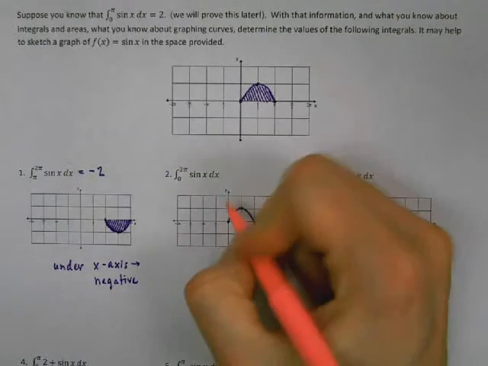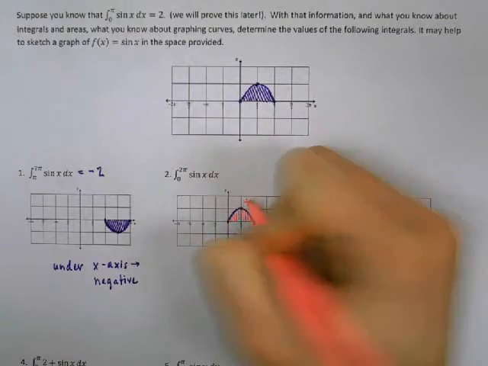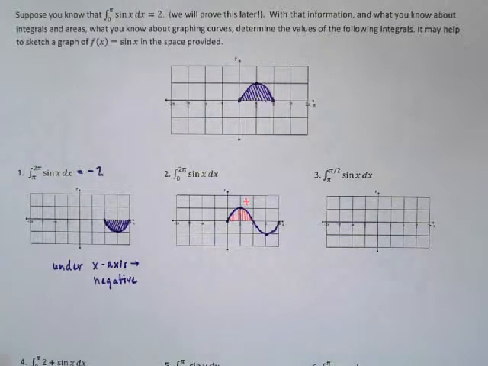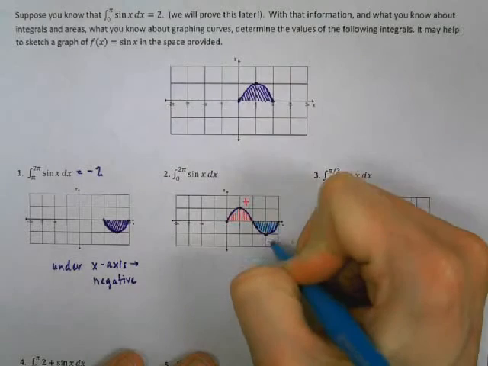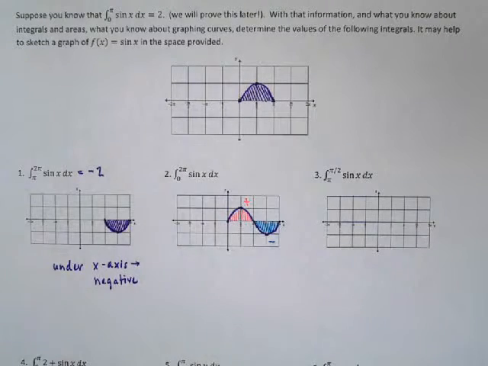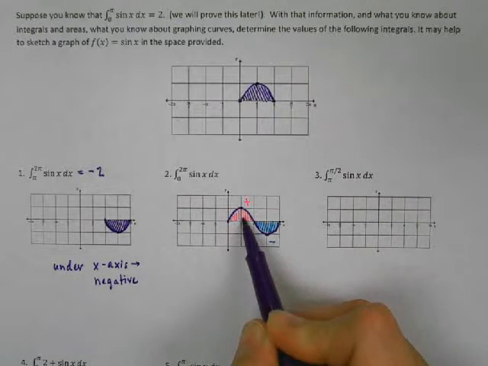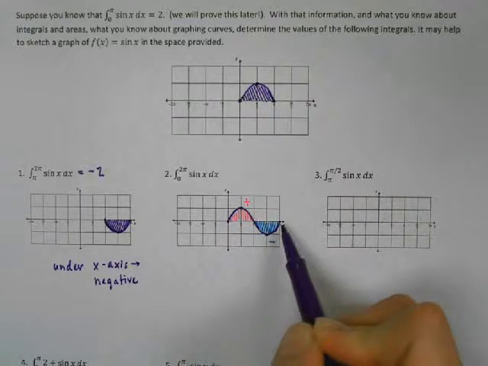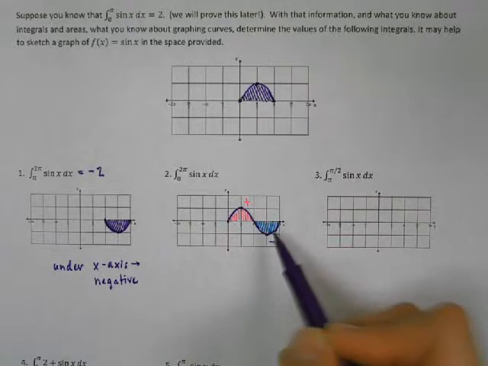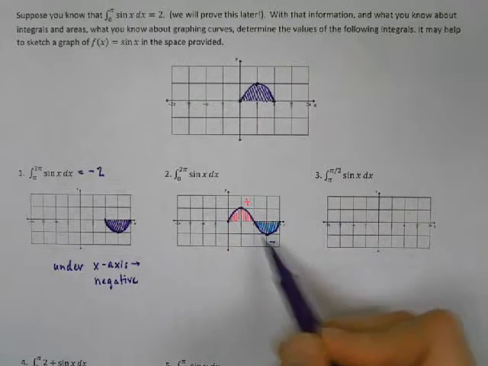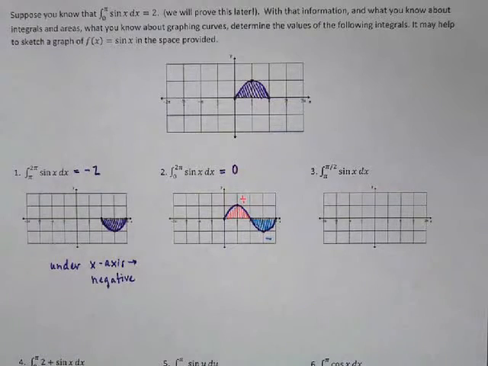We have a portion of the curve here, which is a positive area because it's above the x-axis, and a portion of this area is negative because it's below. Now again, the absolute value of these areas is the same. The same area is encompassed by each of those pieces of the curve, but one's positive and one's negative. So those are going to cancel each other out, and that integral is going to give us a value of 0.